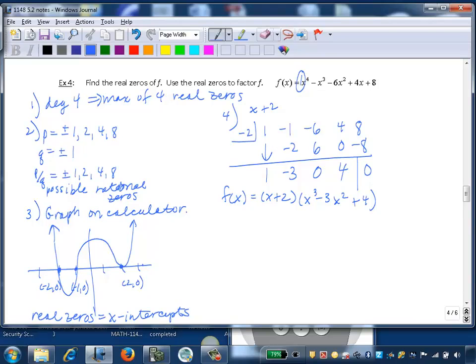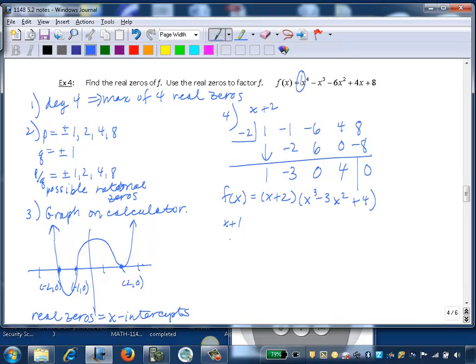Well, we've got two more zeros to verify. We've got negative 1 and 2. Let's look at the negative 1 next. So now I'm going to divide the depressed polynomial, the answer from the synthetic division, by x plus 1 in order to show a remainder of 0, which will verify that x plus 1, or that negative 1, is a 0.